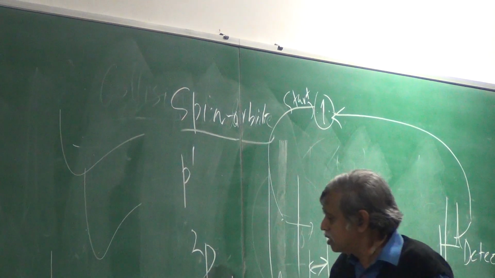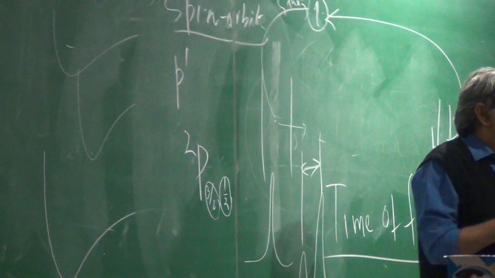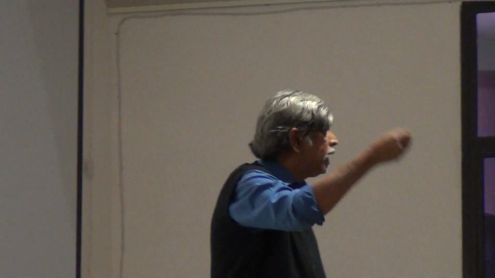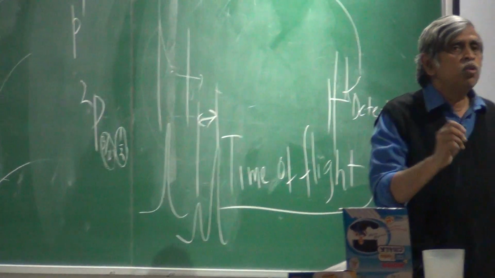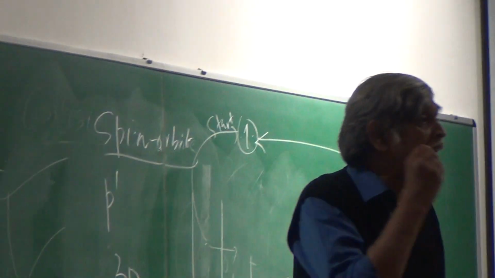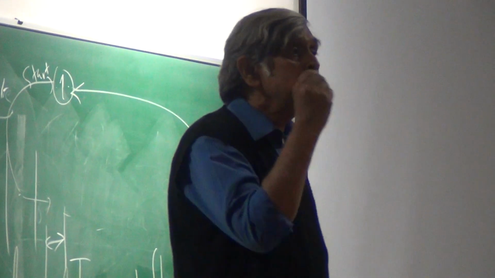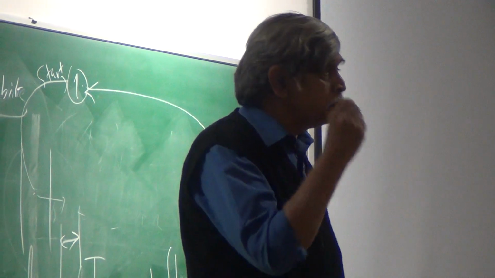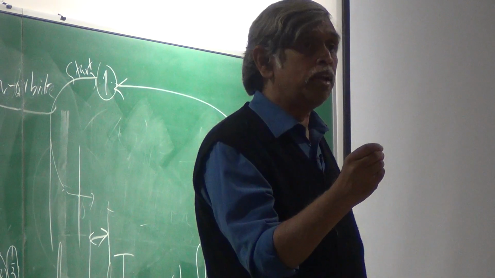Why? Because these states are actually produced because of a coupling of the orbital angular momentum and the spin angular momentum. L and S were coupled, give me J. Therefore, whatever I got over here are actually consequences of coupling the spin angular momentum and the orbital angular momentum.